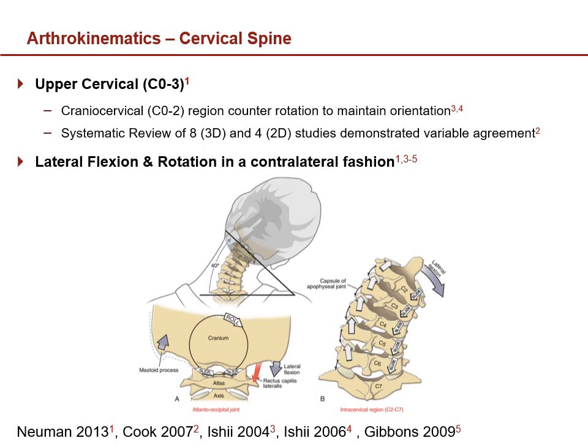The exception here is that the emphasis is on the OA joint, and then the intracervical regions of C2 through C7 versus the AA joint. And the purpose for this is that the majority of the side bend in the upper cervical spine comes from C0, C1. And so there's going to be an ipsilateral roll and a contralateral slide of the condyles as the individual side bends to their right.